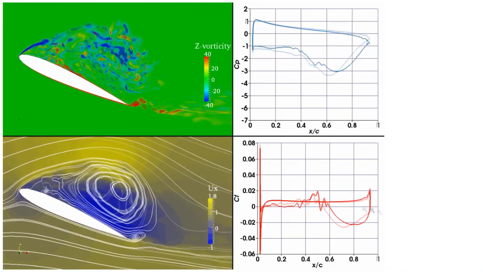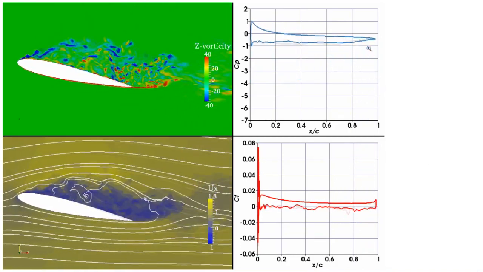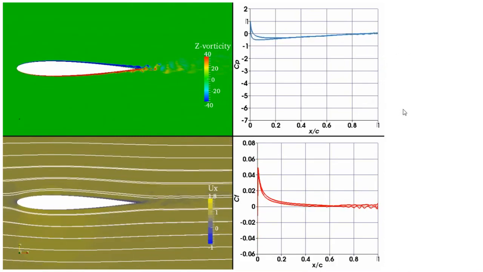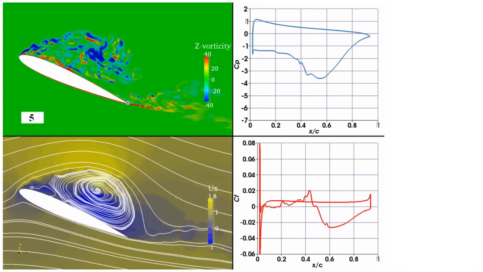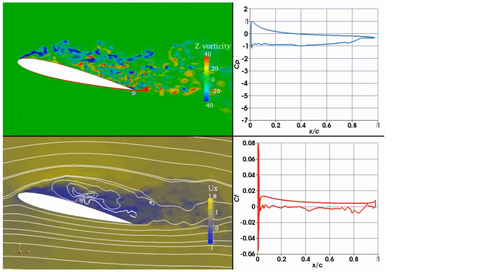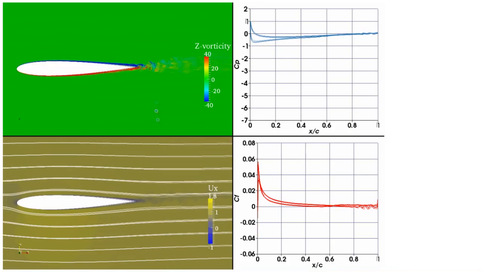Also, because velocity and pressure are coupled, you have higher fluctuations on the pressure coefficients, primarily on the trailing edge of the airfoil, at the end of the airfoil.